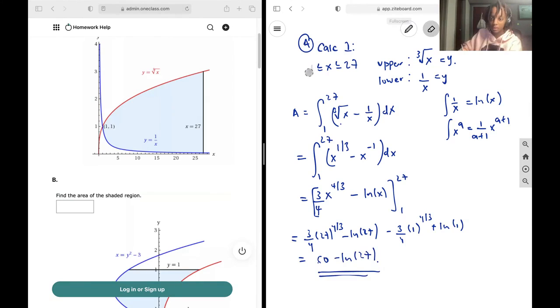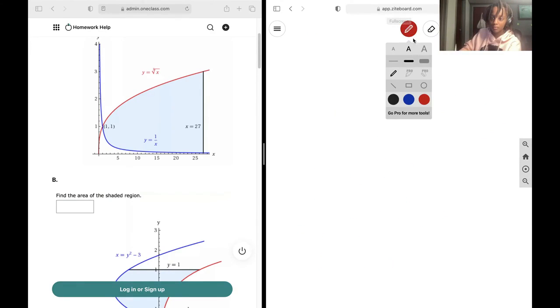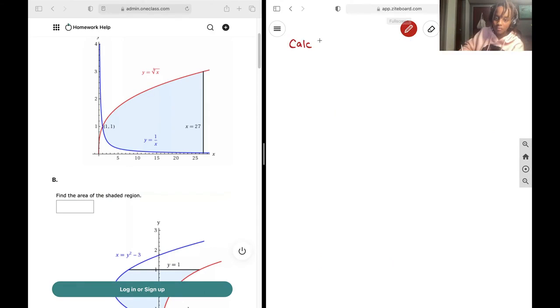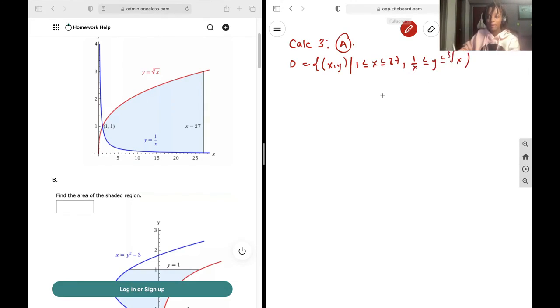Now, using the second method, we need to define D first. So we'll be using Cartesian coordinates such that x lies between 1 and 27, as we defined earlier, and y lies between 1 over x and the cube root of x.